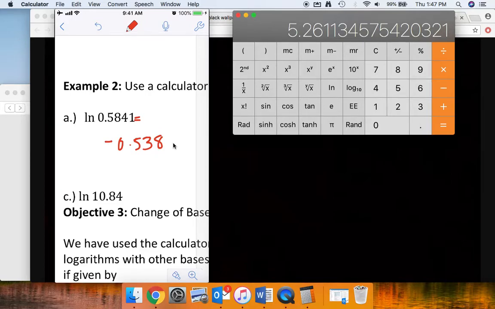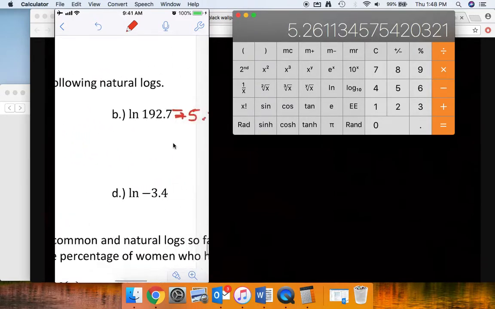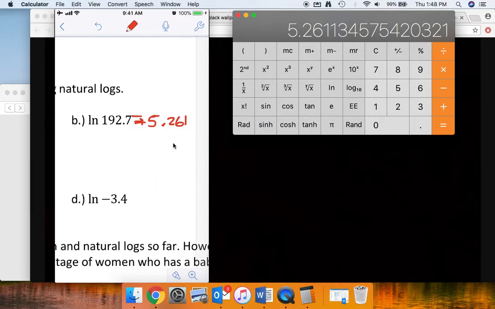It's not a very low fraction. I know that doesn't sound right, but 1/2, not really a low fraction. But it's still negative, and the negative flipped it over, that negative exponent rule, because we're technically asking e to what power is going to be 0.584. A negative makes sense here as an answer. Whereas here, we're asking e to what power is going to be 192? Well, yeah, that's going to be a little bit bigger. e to the 5th is going to be about 192.